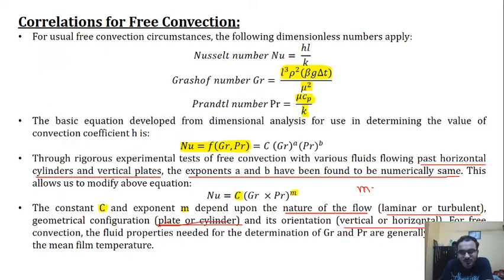Maybe this part is not visible to you, so I am reading the whole statement again: the constant C and exponent M depend on the nature of the flow, laminar or turbulent, the geometric configuration, plate or cylinder, and its orientation, vertical or horizontal. For free convection, the fluid properties needed for determination of the Grashof number and Prandtl number are generally evaluated at the mean film temperature.